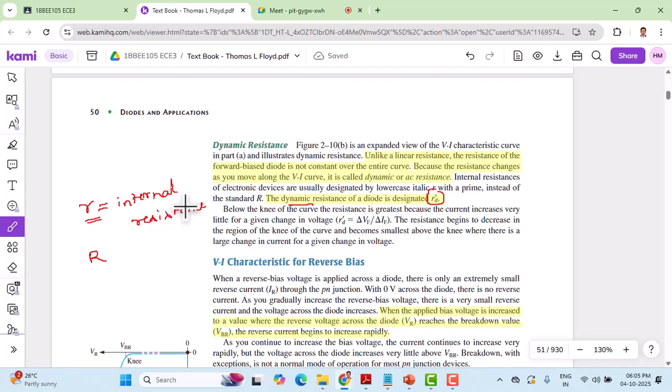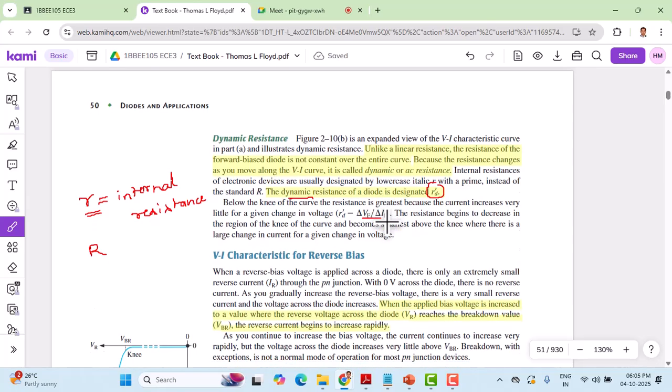Therefore, it is internal resistance, and we show it with small r dash d. D indicates it's a dynamic resistance here. So whenever the diode is conducting, we have a resistance that can be measured by knowing the change in the value of forward voltage to the change in the value of forward current.